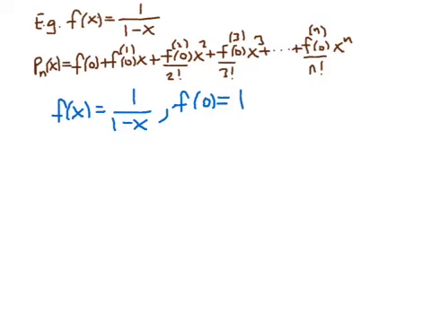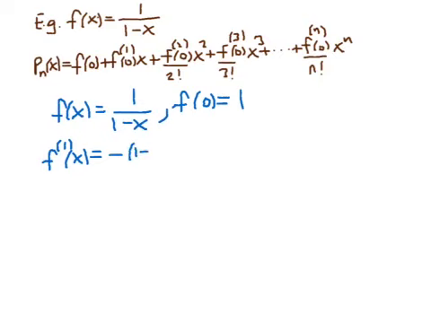We now want to calculate the derivative of this, so f1 of x, and this means the derivative of 1 minus x all to the power of minus 1. So I bring down, using the chain rule for powers, a minus sign.